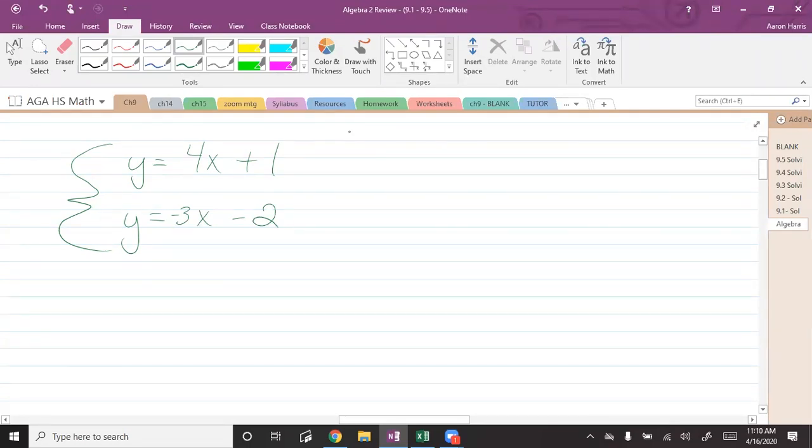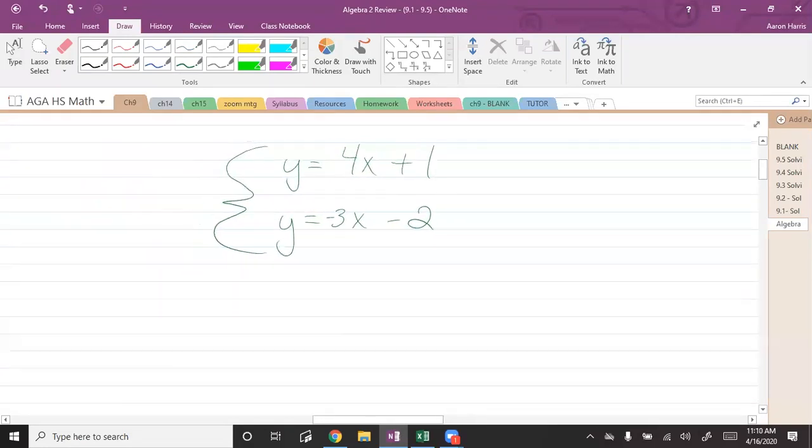Standard? No. What other format? I'm waiting. There is no formula called y-intercept. Slope-intercept form?